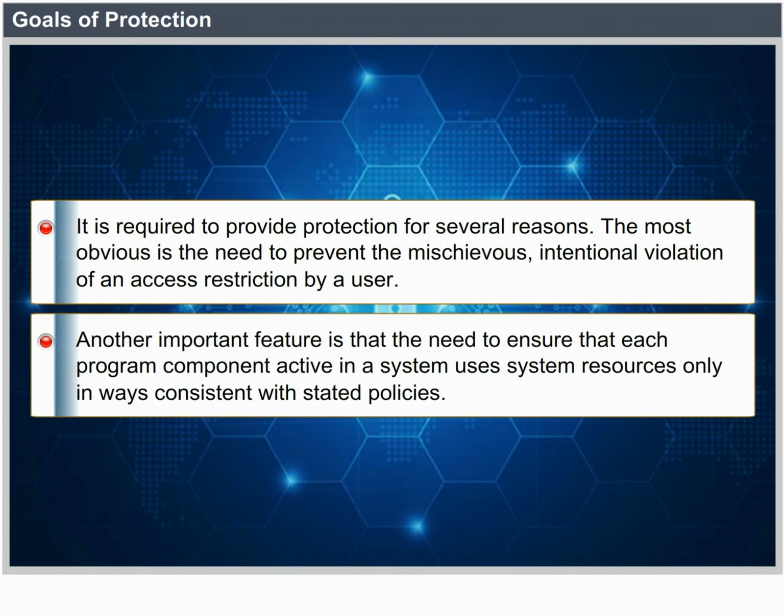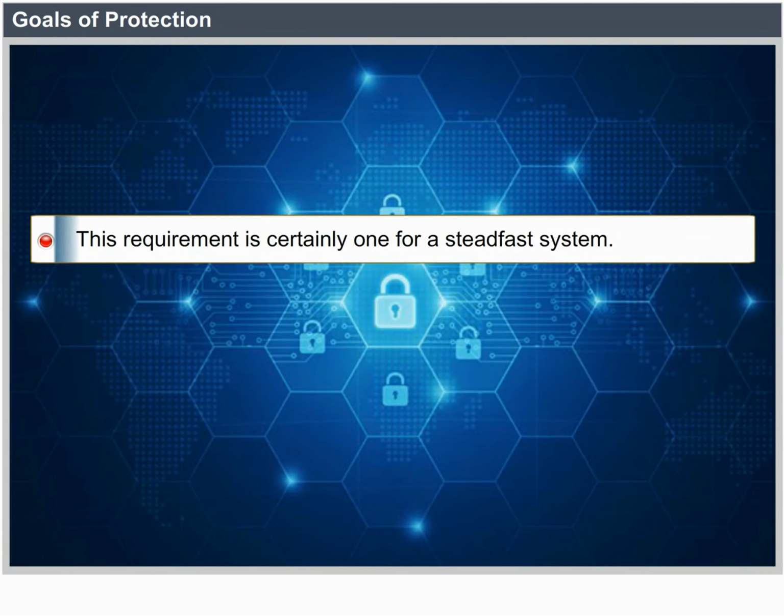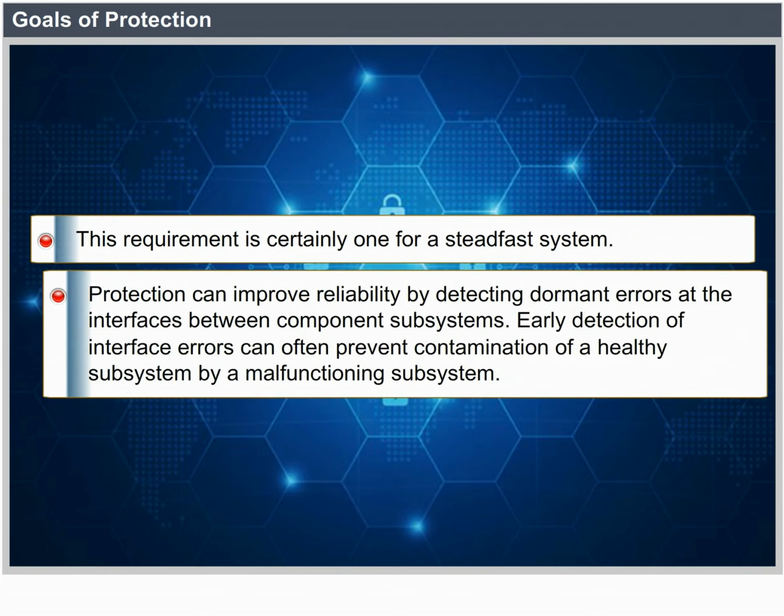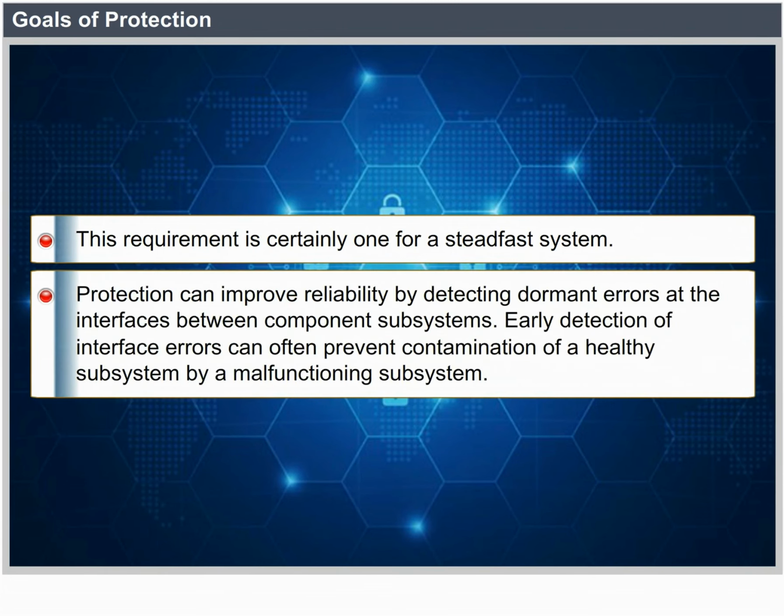This requirement is an absolute one for a reliable system. Protection can improve reliability by detecting latent errors at the interfaces between component subsystems. Early detection of interface errors can often prevent contamination of a healthy subsystem by a malfunctioning subsystem.